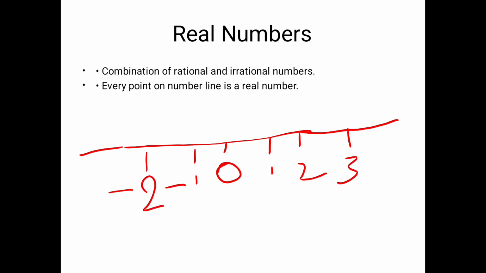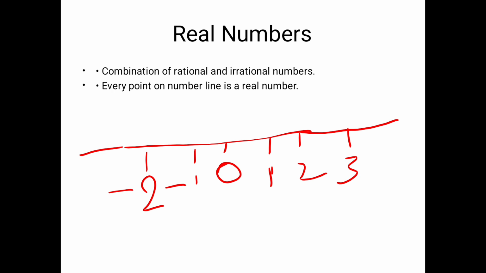And we can see that between any two consecutive natural numbers, or whole numbers, or integers, we can't find any natural number, whole number or integer between them.